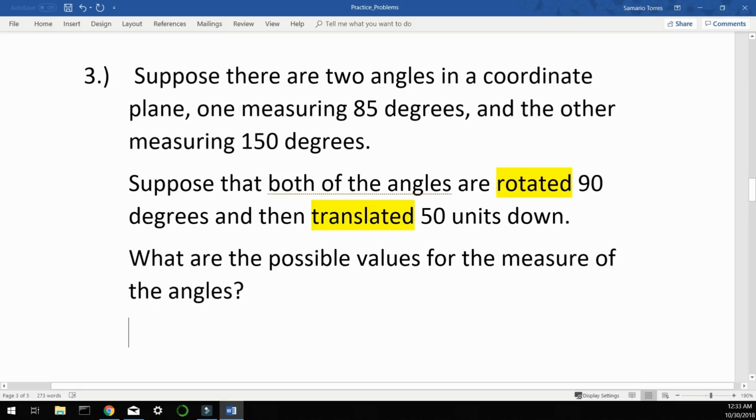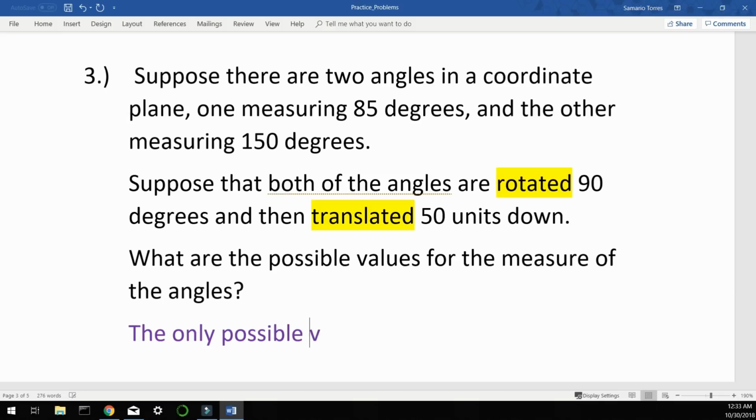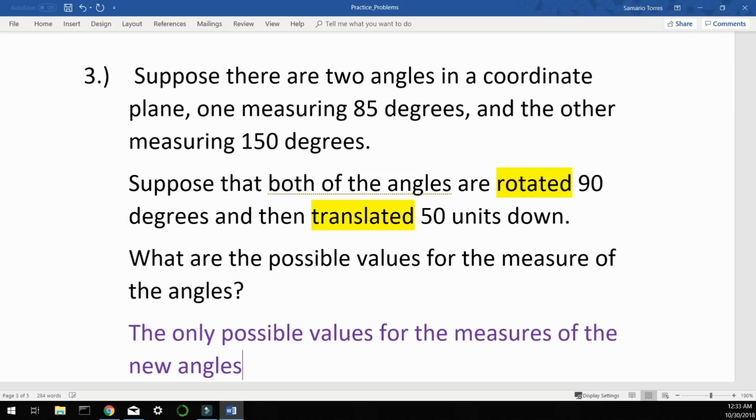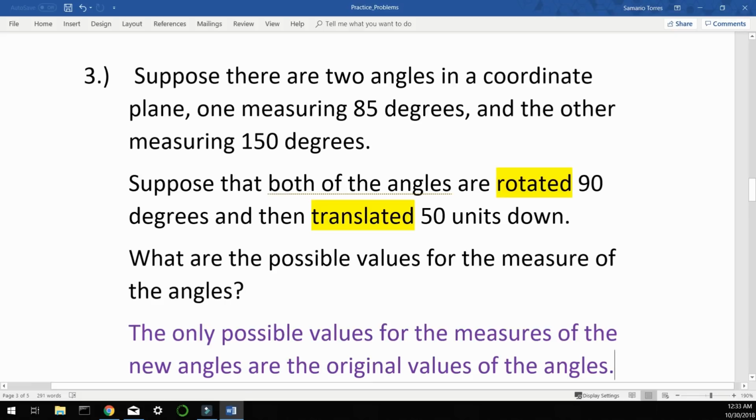So we'll say the only possible values for the measures of the new angles are the original values of the angles, because they're not changing, because we're only rotating and translating.